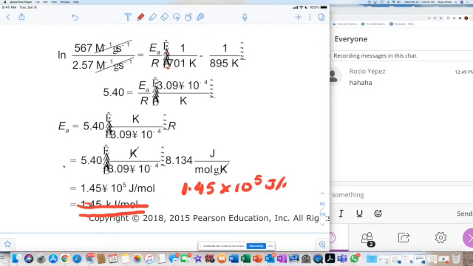Yeah, joules per mole. This answer here is not correct if you started off with this. The decimal should not be here. So it should be 145 kilojoules per mole. Activation energies tend to be higher, usually in the hundreds in magnitude.